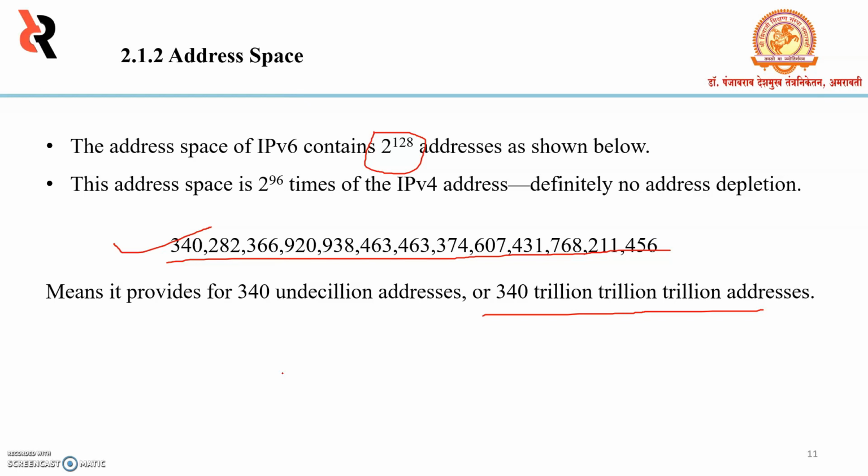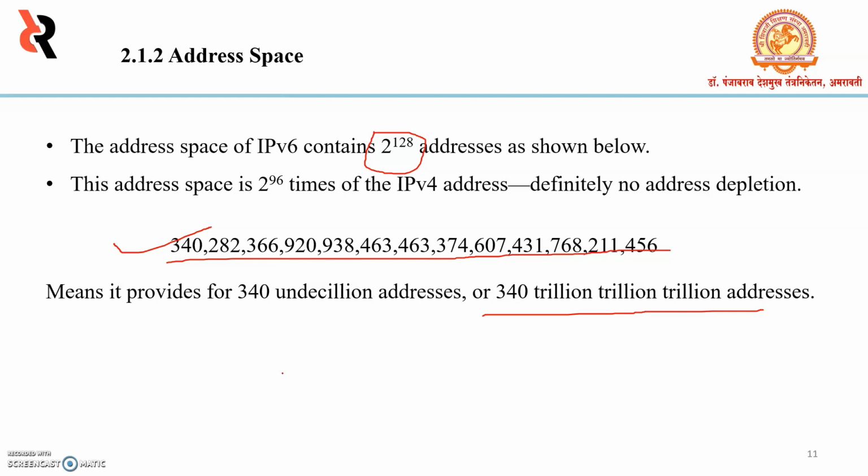The Earth is about 4.5 billion years old. If we had assigned IPv6 addresses at a rate of 1 billion per second since the Earth was formed, we would have by now used up less than 1 trillionth of the address space. The Earth's surface area is about 510 trillion square meters.